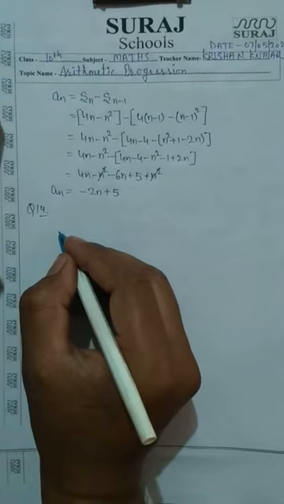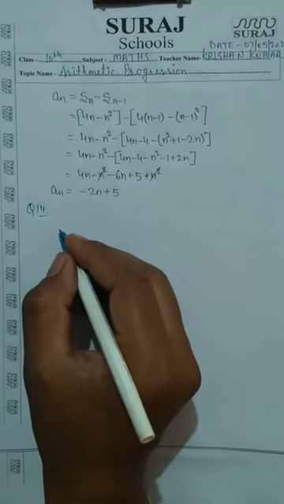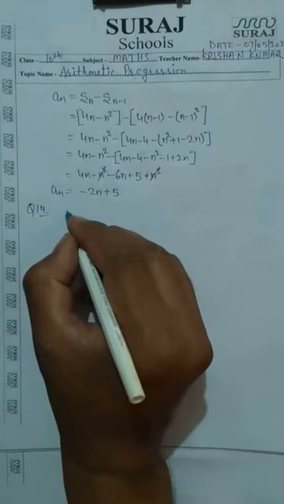Find the sum of odd numbers between 0 and 50. So beta, what is said?